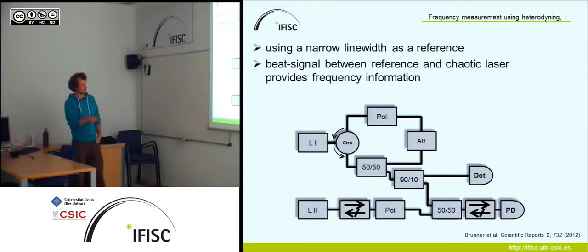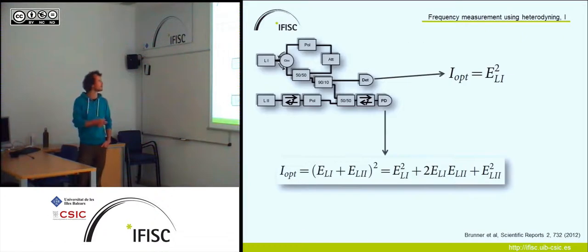And then on the second photodiode, which is also a fast photodiode with 20 gigahertz bandwidth, we measure the interference signal between both of these lasers. And then we can use something like the beating effect I showed you before to suddenly gain access to the frequency dynamics of the delayed feedback coupled laser.